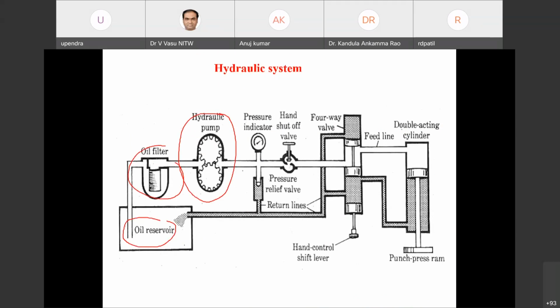Depending upon your application, you select the particular hydraulic pump. These pumps are connected to the pressure relief valve and different valves, and finally to a single acting cylinder or double acting cylinder that pushes the load.